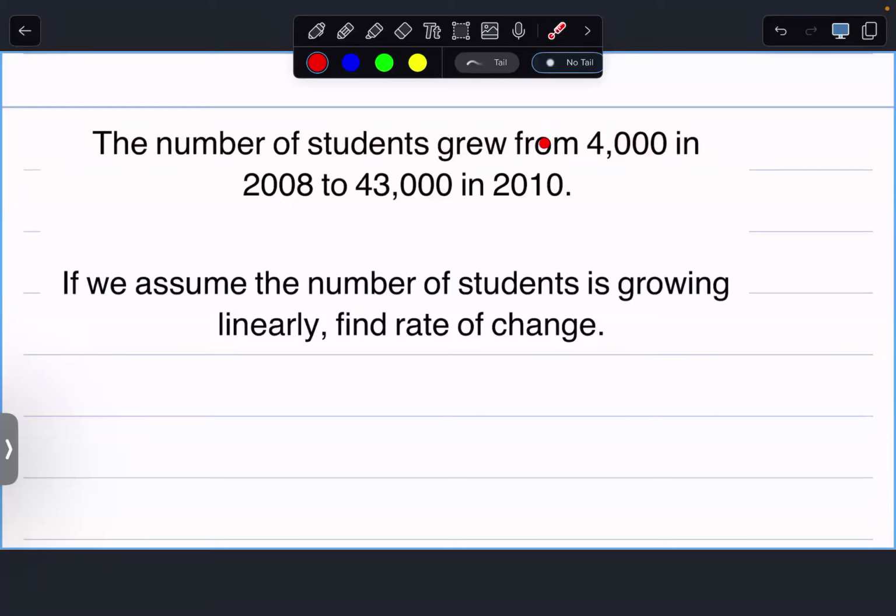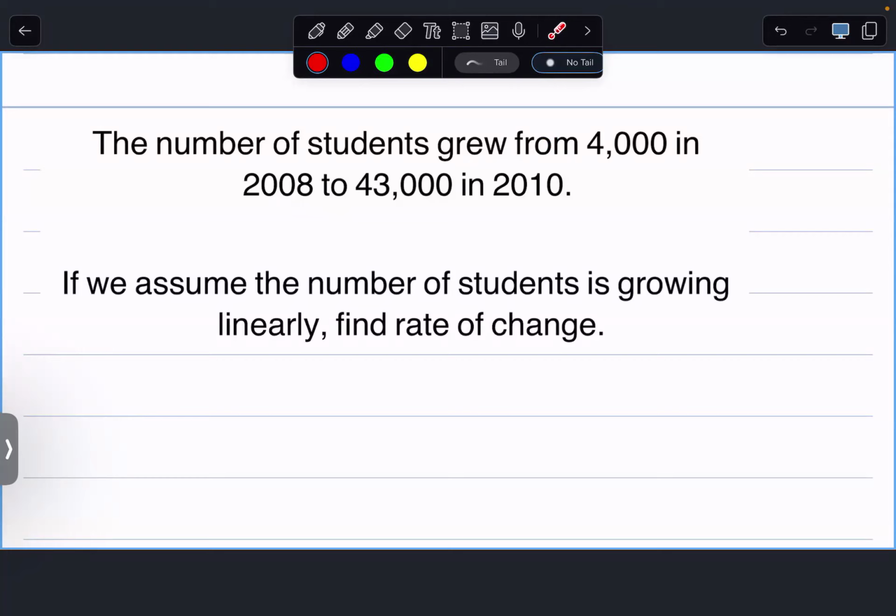Whereas if you give it an input of 4,000, you're not necessarily going to get just 2008. And so that's kind of a non-function. But 2008 only had one number of students, in theory.